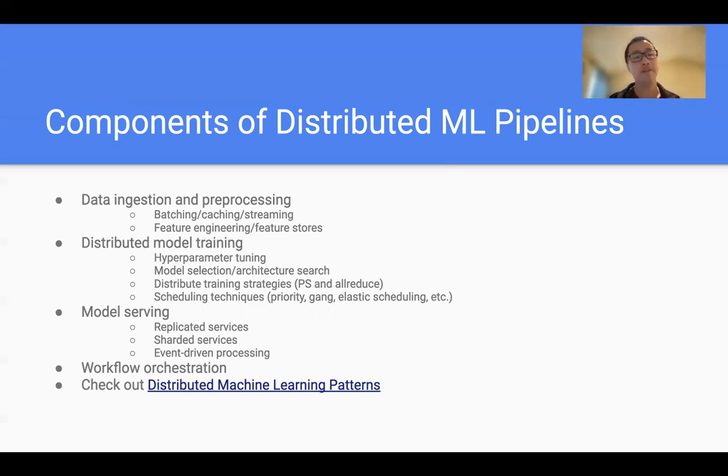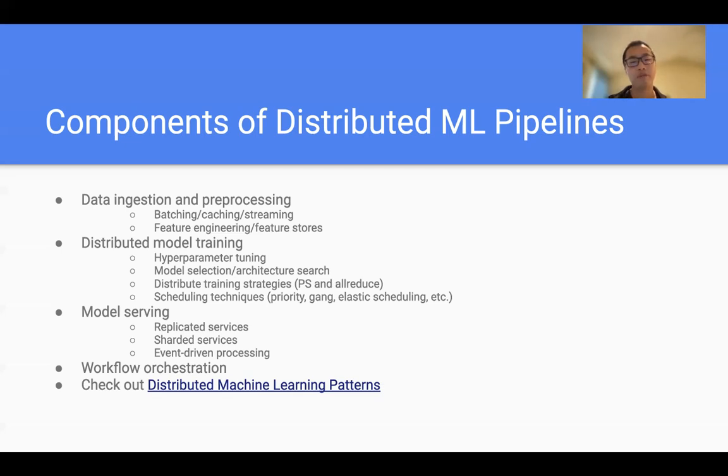The second part is distributed model training, which would involve maybe hyperparameter tuning and model selection, or neural architecture search for deep learning models. And in order to run distributed model training in a distributed environment, you have to select particular training strategies.